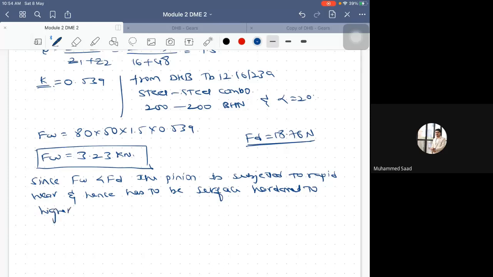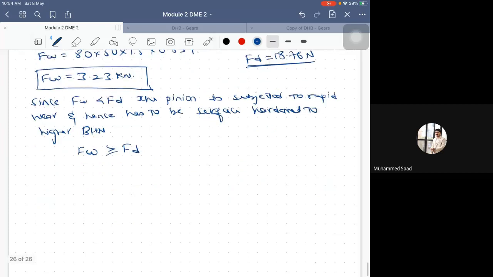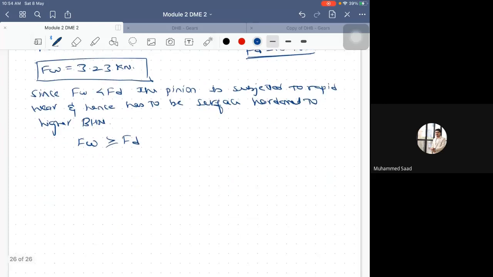So that means you have to increase the value of BHN. So how do you do that? So just take the FW expression, it should be greater than or equal to FD, right? So D1, B, K should be greater than or equal to 18.76 kilonewton, in the sense it is 10 to the power of 3. Now it is 80 cross 50 cross 1.5. K should be greater than or equal to 18.76 into 10 to the power of 3.